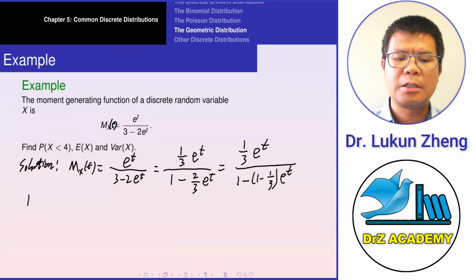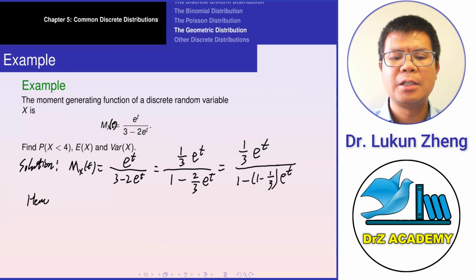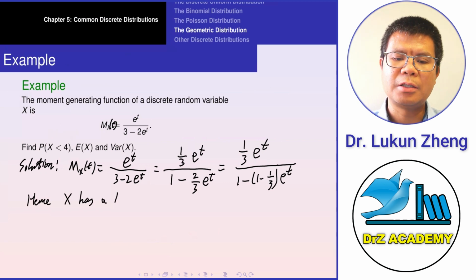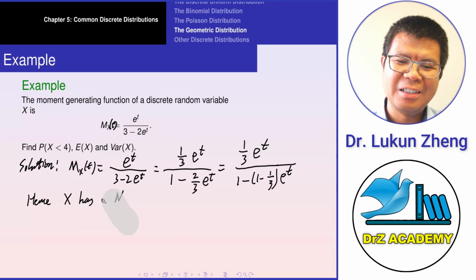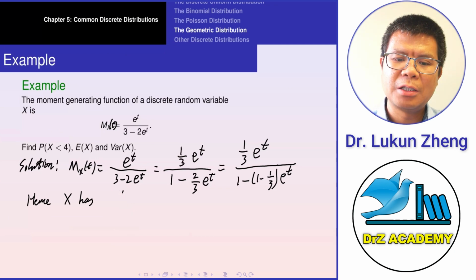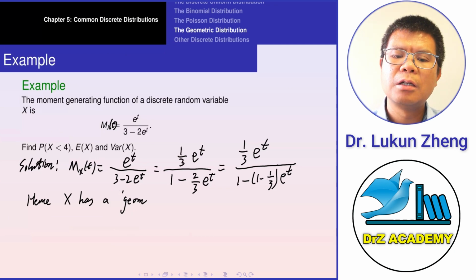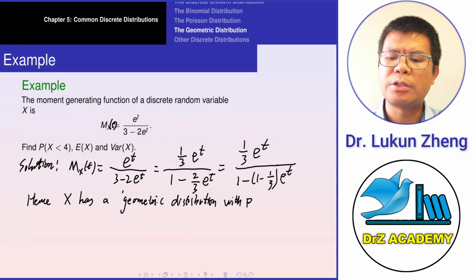Hence, x has a geometric distribution, right, with p equals 1/3.